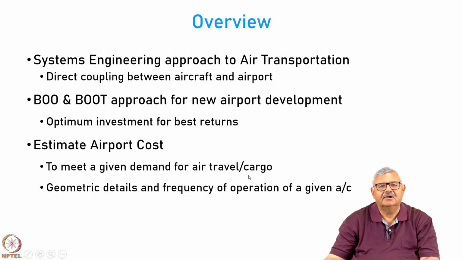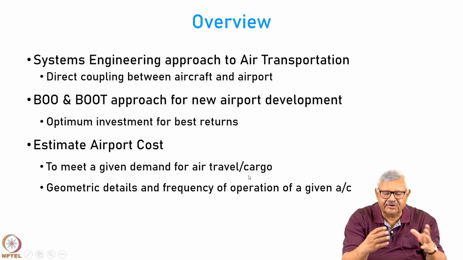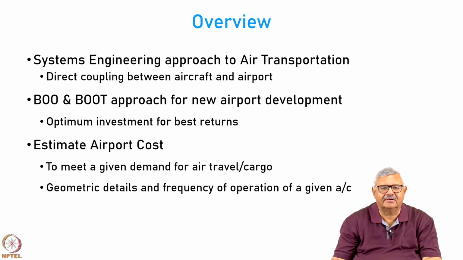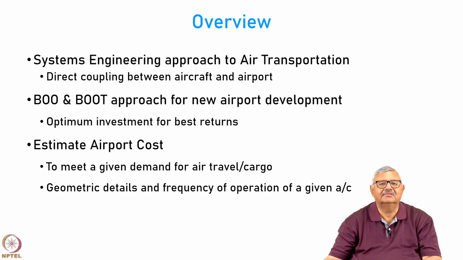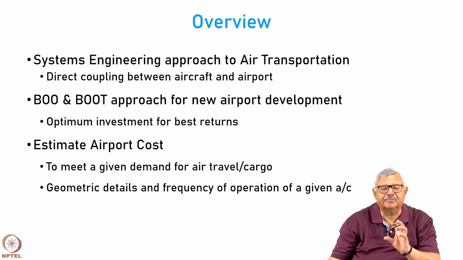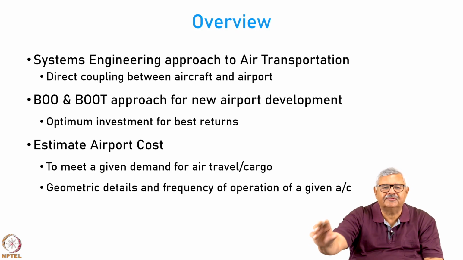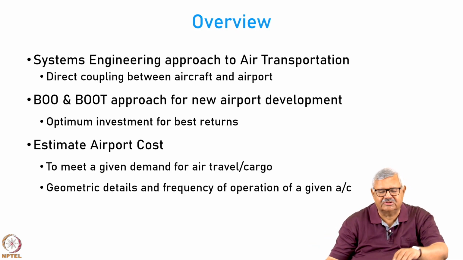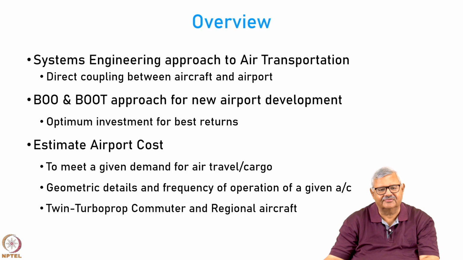So therefore, here is the aircraft, there is a geometry of the aircraft, weight of the aircraft, etc. All of these will affect the airport layout and therefore the sizing and therefore the costing. So what is the appropriate airport? What is the minimum required airport for this aircraft to operate at this frequency? That is what this model does.